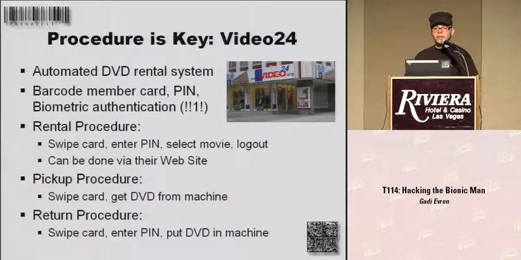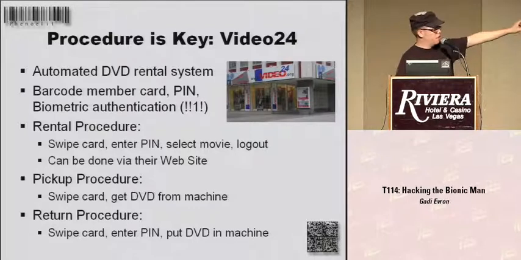The thing about barcodes is it's a really simple technology, but you actually have to get your procedure right. So this is what happens when you're really lucky. This is actually a picture of the apartment building I live in, and they put in a store, an automated DVD rental system, unattended, right there.